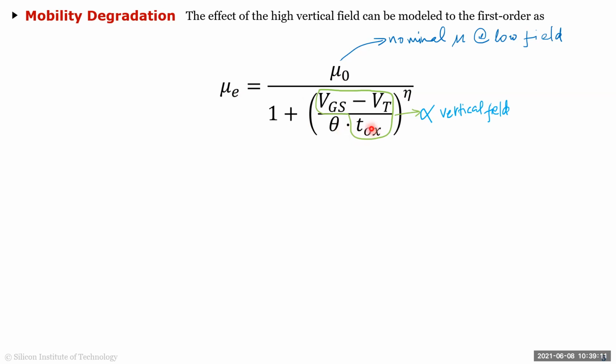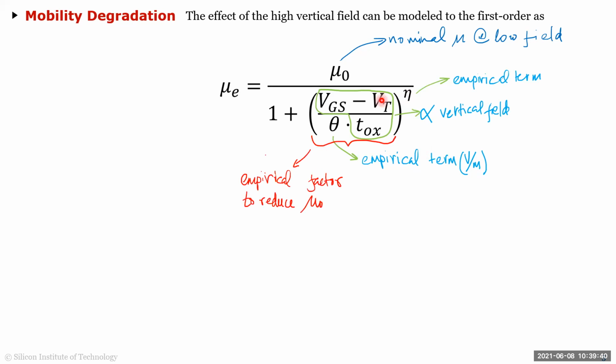It is an empirical term, and some theta times some eta, which are again empirical terms depending on your technology and how you're doping and all that. You basically derive these terms from your process parameters. So these two are empirical terms. This is a unitless term, and like I said, this is volt per meter, which will be given for each technology.